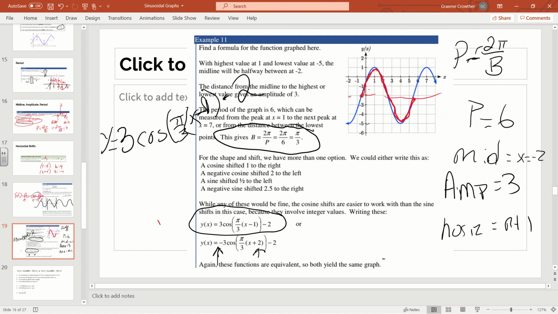So cosine and sine are essentially the same thing. They just have a horizontal shift applied to them. If I move the cosine back pi/4, I'm going to have an equivalent of a sine curve. If I move the sine curve forward pi/4 units, I'm going to have the same as a cosine curve. So they are interchangeable as long as we account for that phase shift.